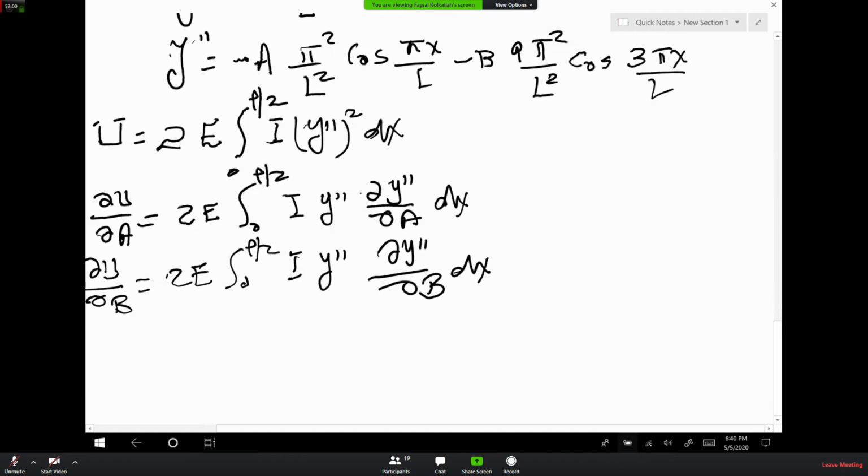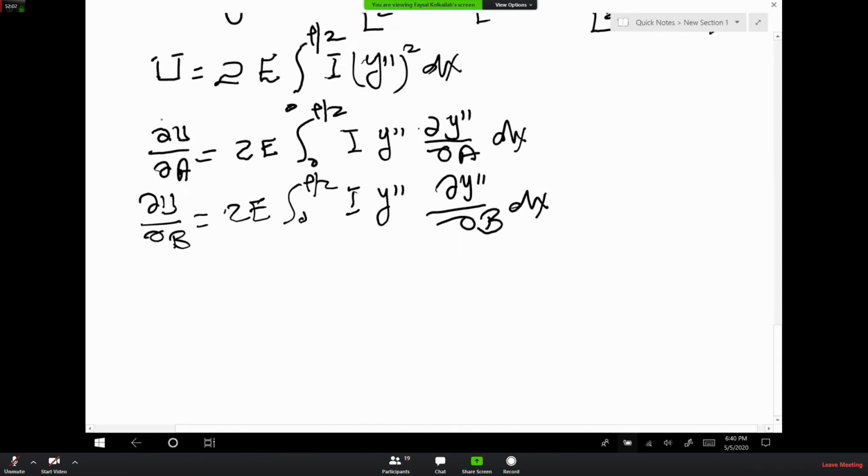Then we got partial u, partial a, partial u, partial b. The same for the v, but let's finish this. So really what this will give me here, I get two equations.